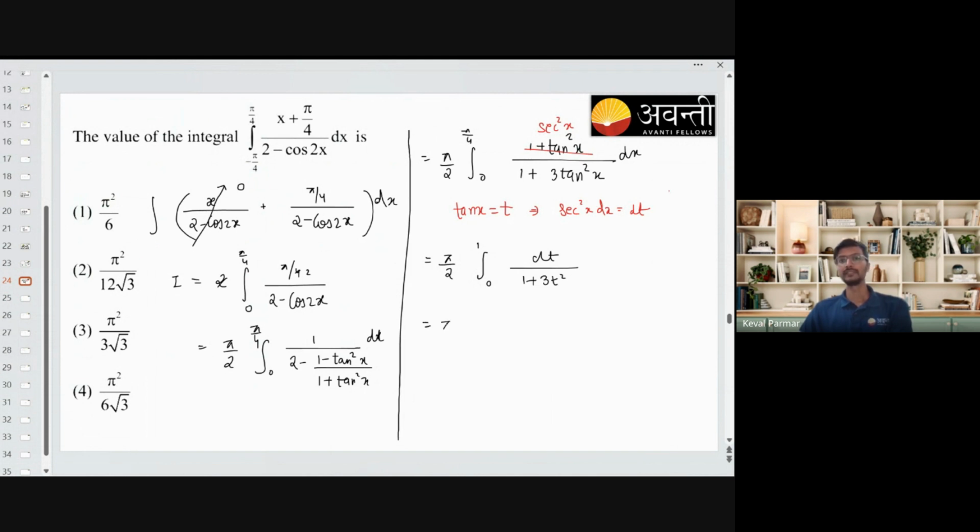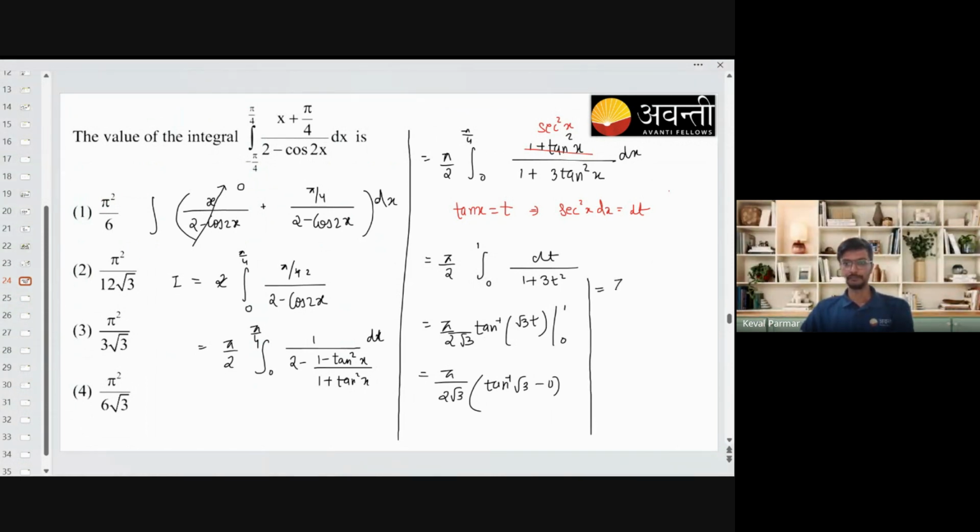What is its integration, guys? The integration is very simple. It is tan inverse of root 3 t upon root 3 will come here. Why upon root 3? Because it is the coefficient of t, from 0 to 1. So we'll get pi by 2 root 3, upper limit tan inverse of root 3, lower limit is 0. What is tan inverse of root 3, guys?